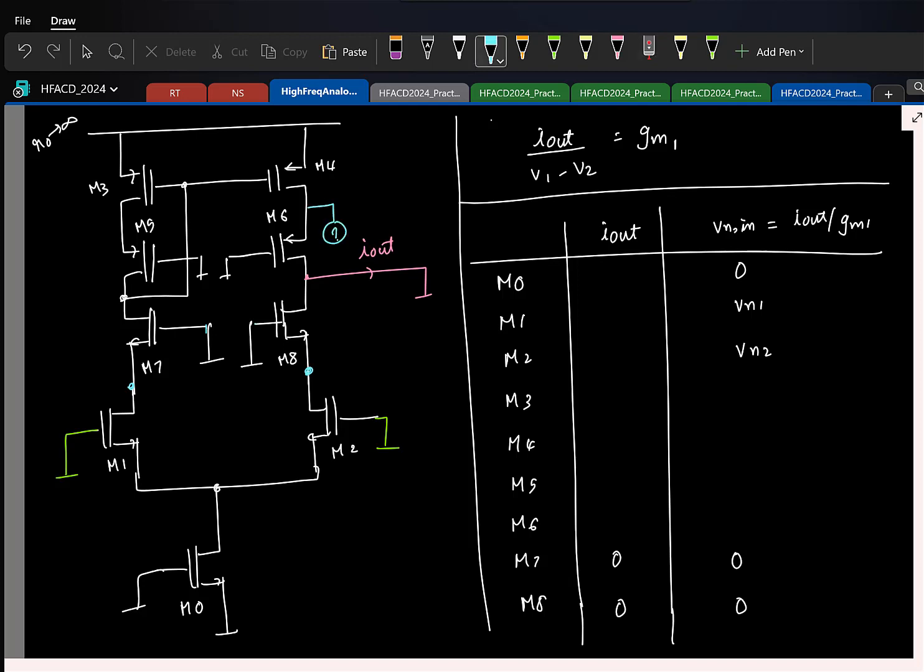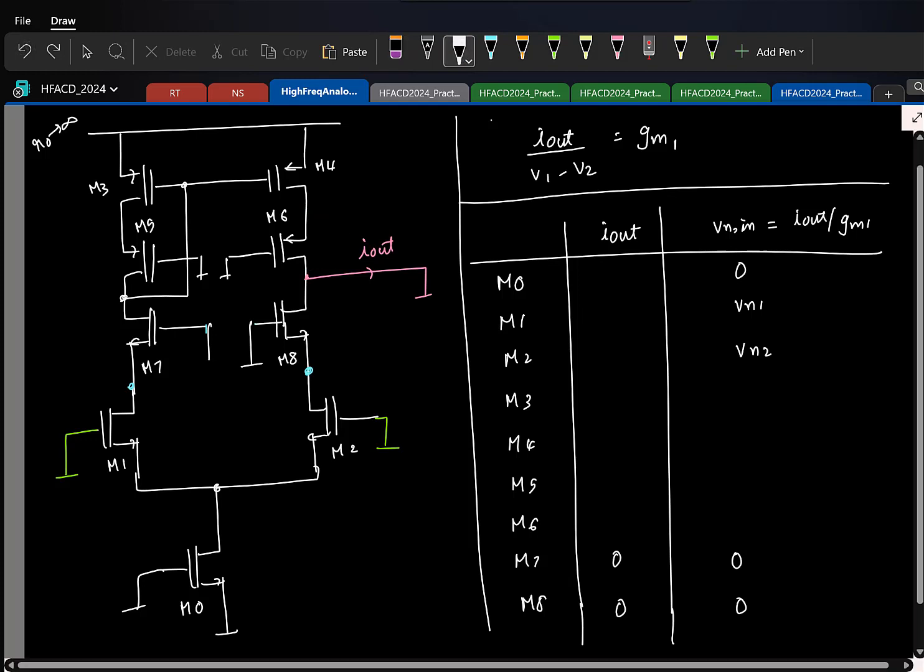So if you model the current like this, R0s are all infinity. So M4 is open. There is no incremental path. No path for the incremental current to flow. Current will be 0. So similarly for M5 also, it will be the same. So I will not spend time on that. So all M5, M6, it's all 0.